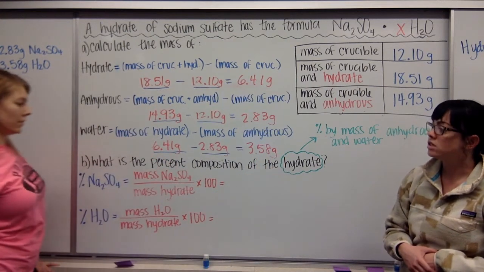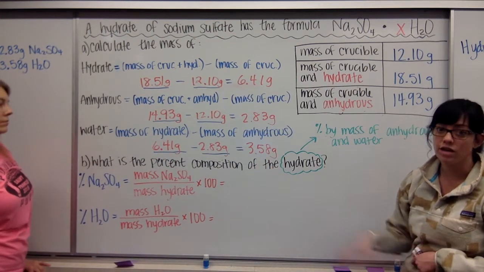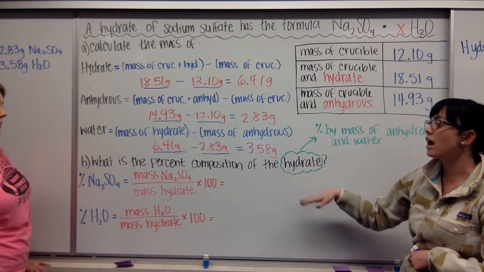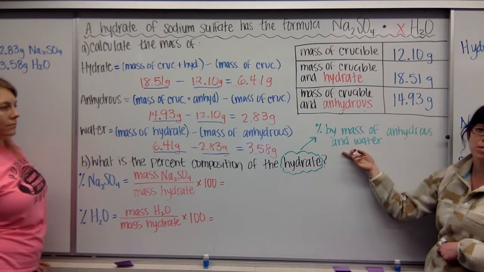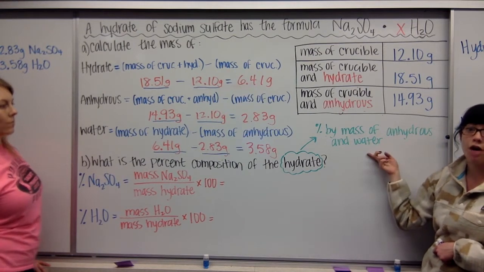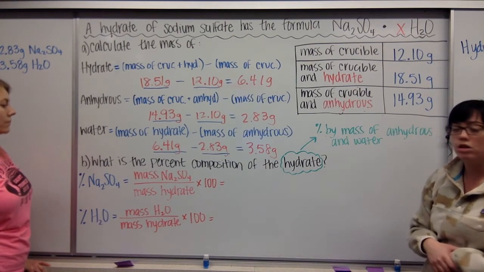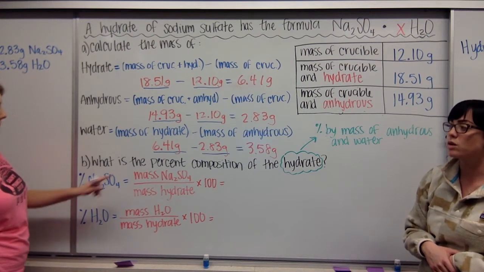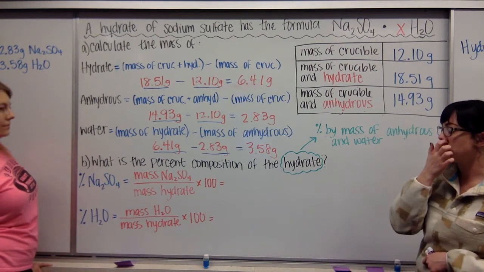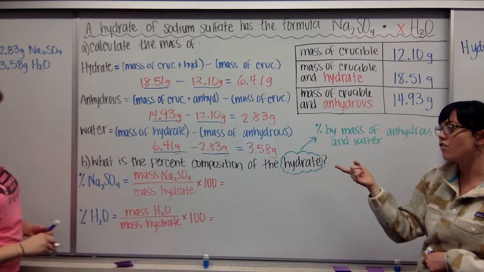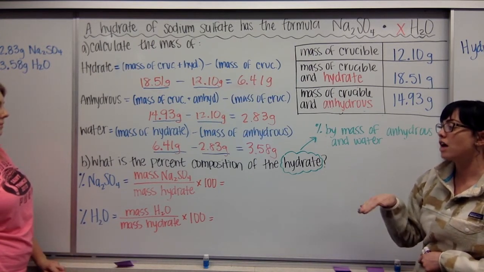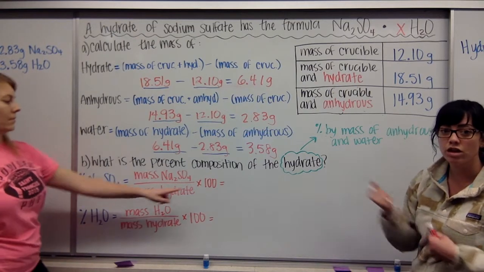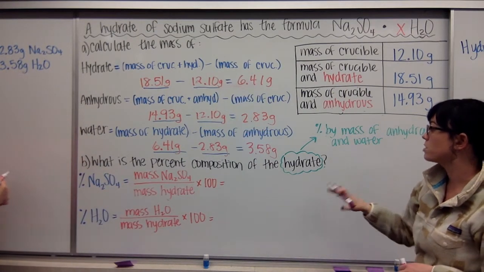Now we can use this to find the percent composition of the hydrate, which is basically asking for the percent by mass of the anhydrous and of the water. We do this with our good old formula, part over whole times 100. So for the percent composition of our sodium sulfate, we're going to take the mass of our sodium sulfate over the mass of the hydrate, multiply that times 100, and that should give us our percent composition.